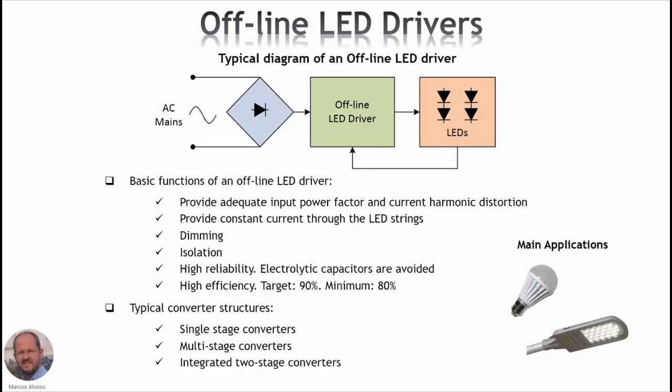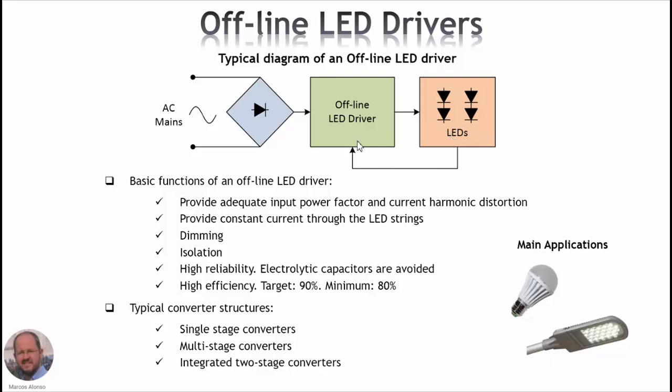So here we can see the typical diagram of an offline LED driver. We have the AC mains. We usually employ a rectifier in order to provide a DC voltage to the main offline LED driver block, which is shown here. And then we have the LEDs, which can be in different arrays in order to implement the lamp.